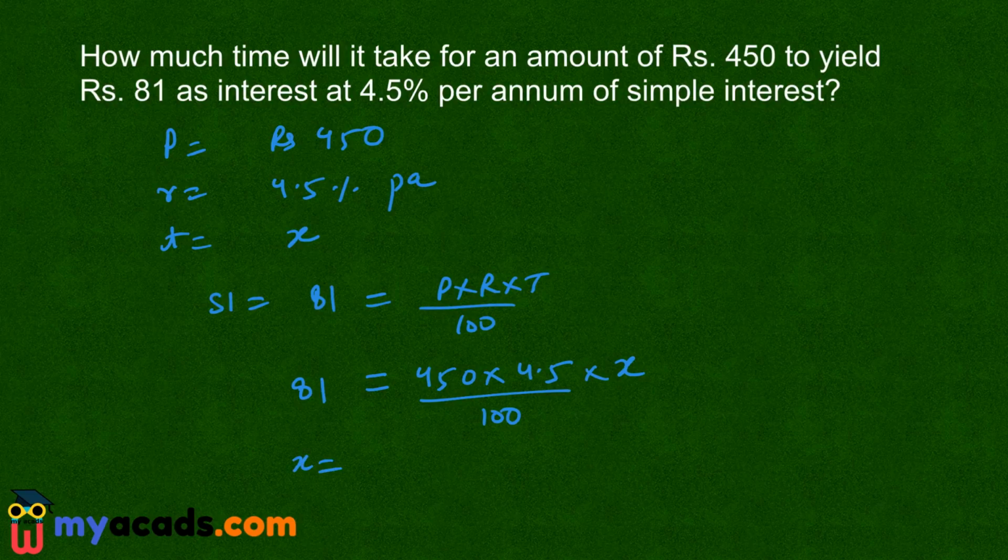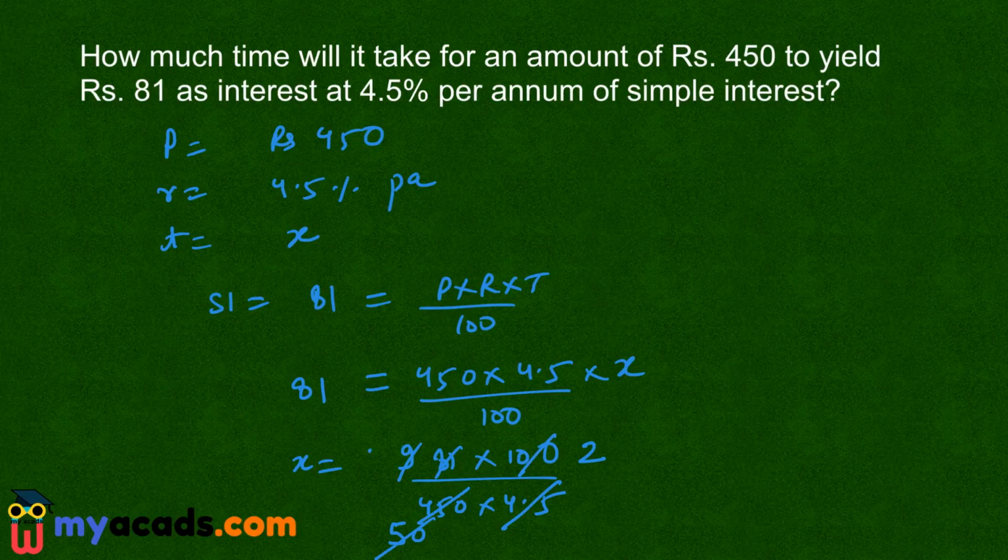Now X is 81 into 100 upon 450 into 4.5. Now 9 9s are 81, 9 5s are 45, into 0, 50 into 2 is 100. 4.5 into 2 is 9. So my X is 4. So the time period is 4 years.